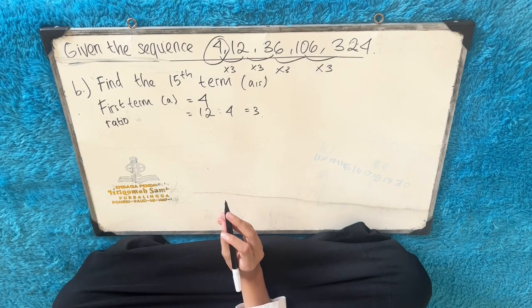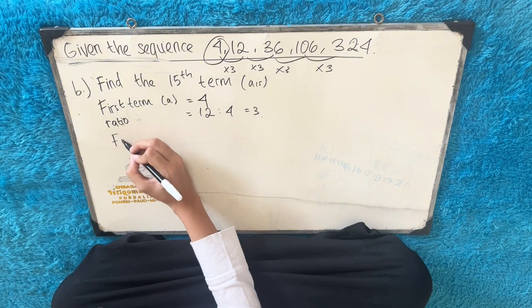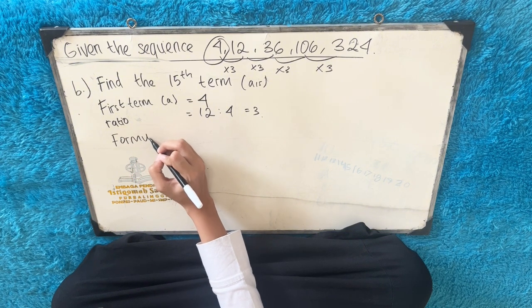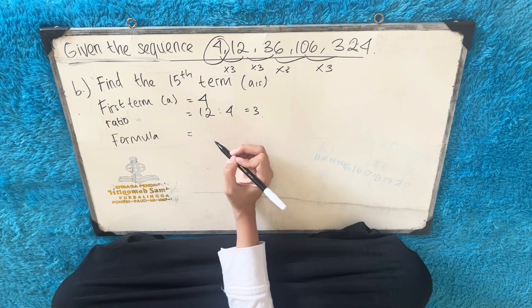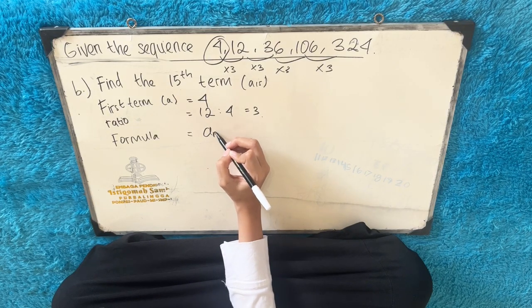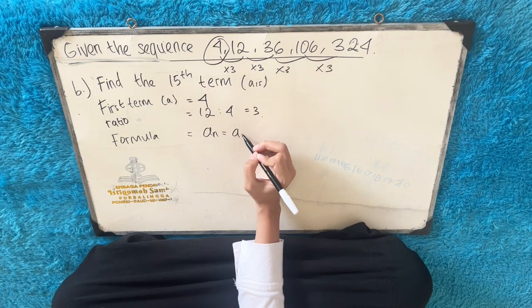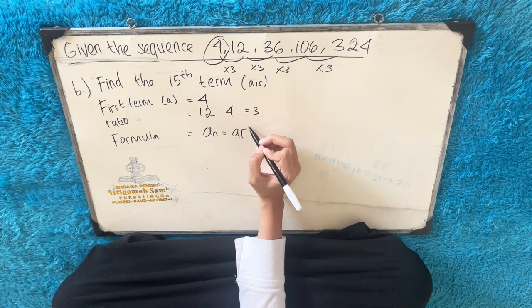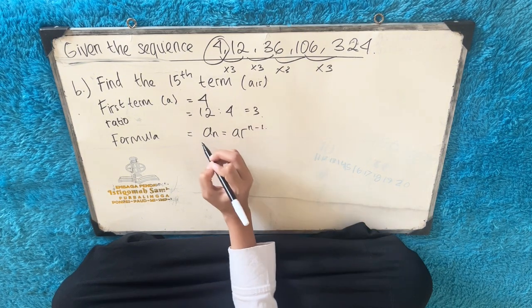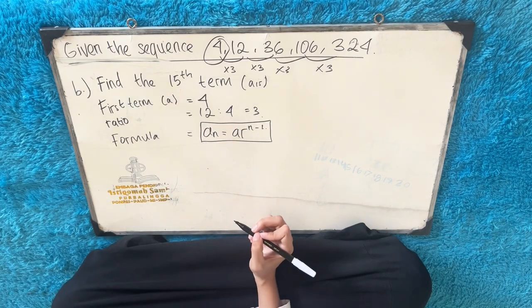Okay, we use the formula a sub n equals a times r raised to n minus 1.